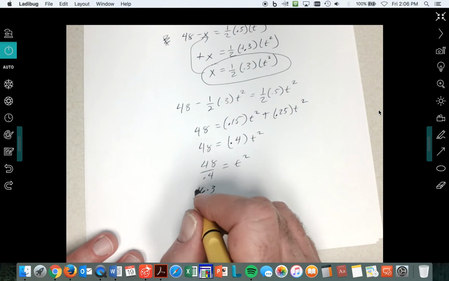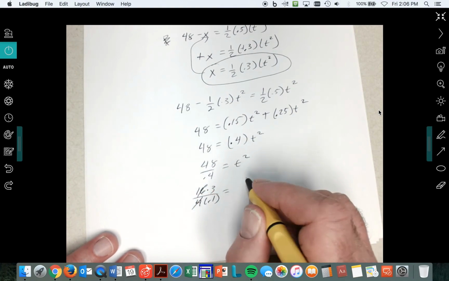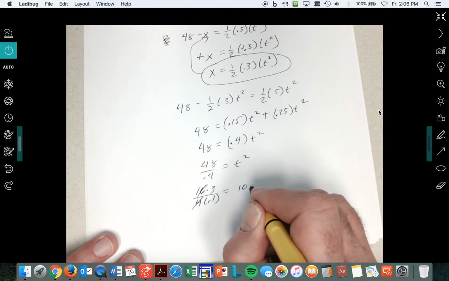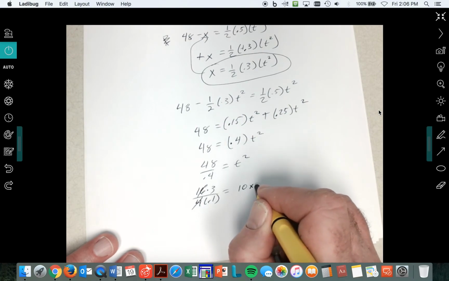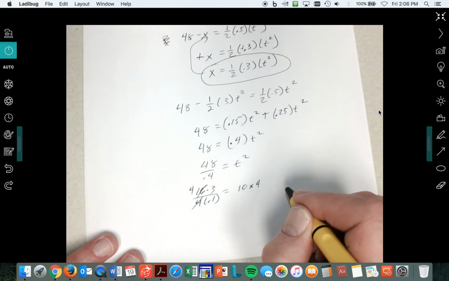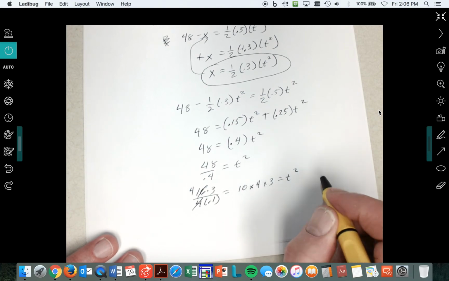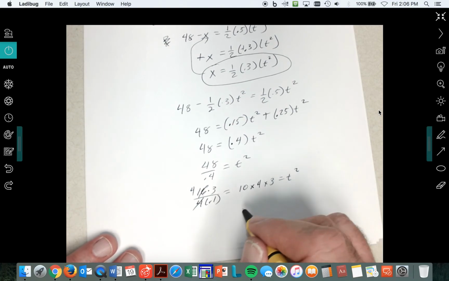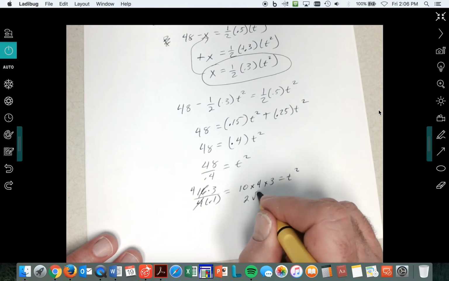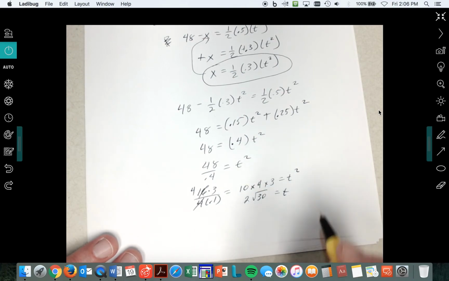So that cancels, and this will equal 10 times 4 times 3 is equal to t squared. And I can take the square root of that, and I wind up with 2 times the square root of 30 is equal to t.